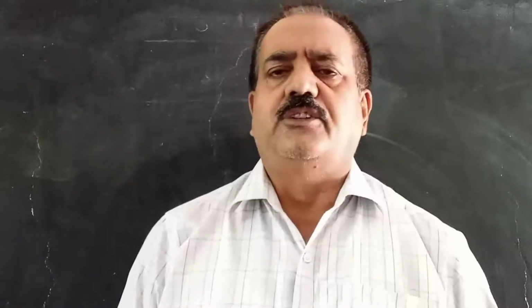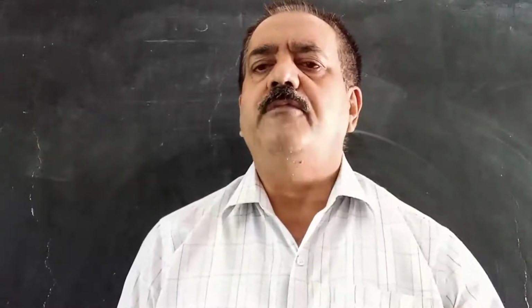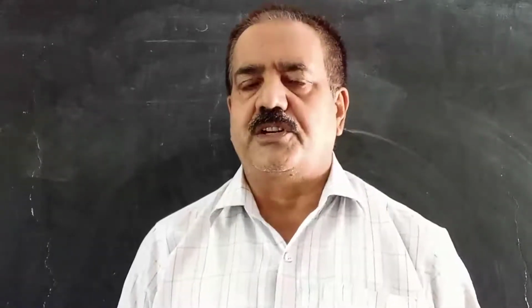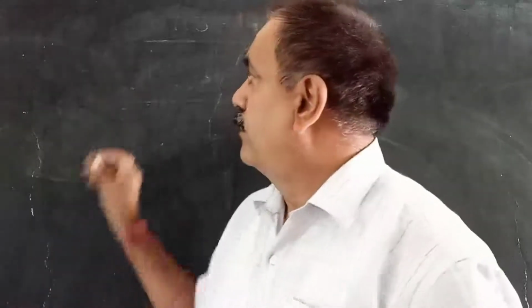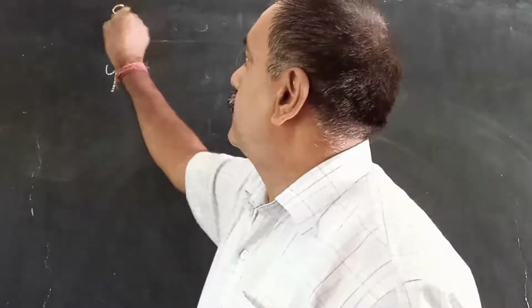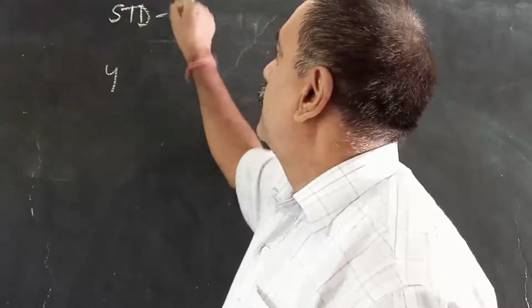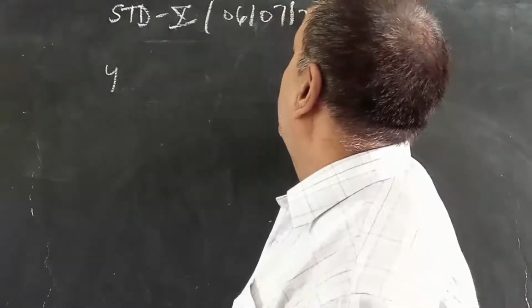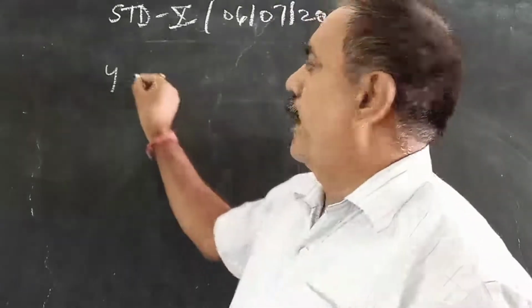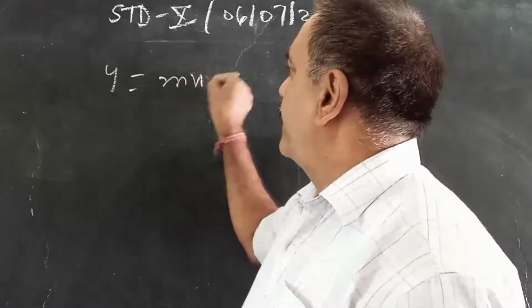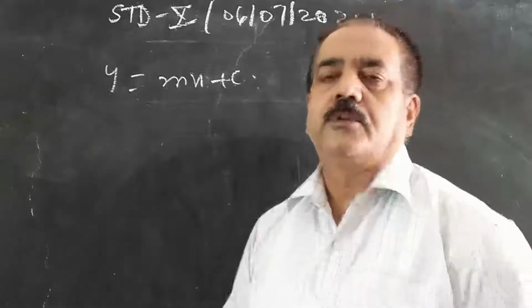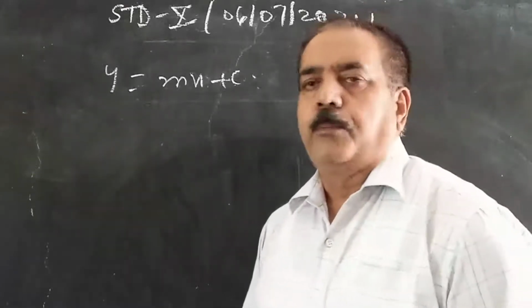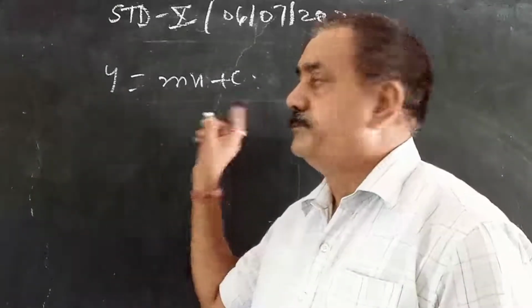In this exercise also, we have to use the same three forms of the equation of a straight line. First, y is equal to mx plus c, the first form, the slope and y-intercept form.